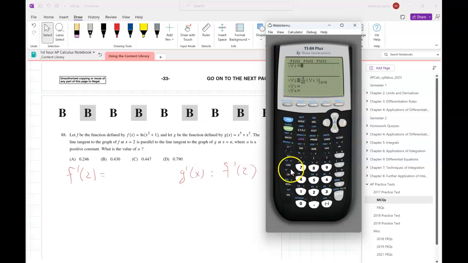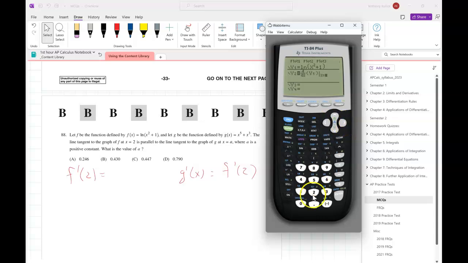So my f is the natural log of x squared plus 1. And I want that just at x equals 2.